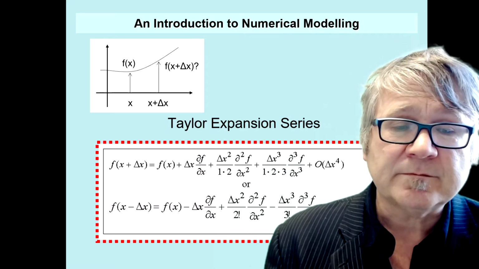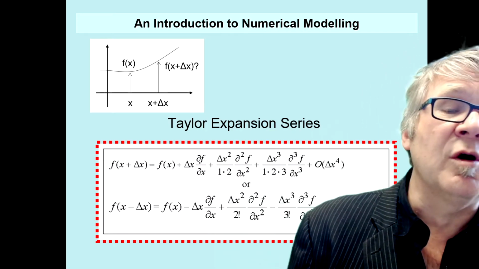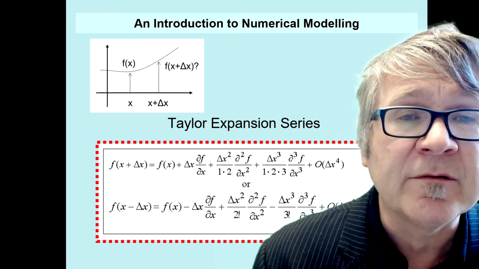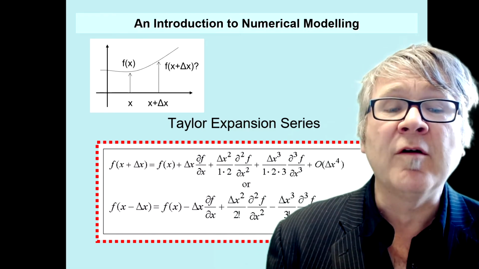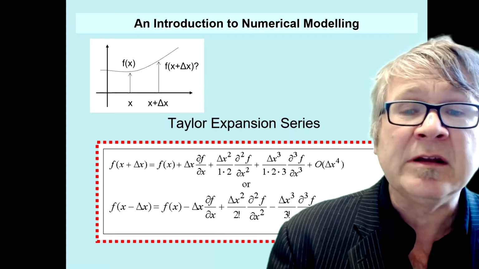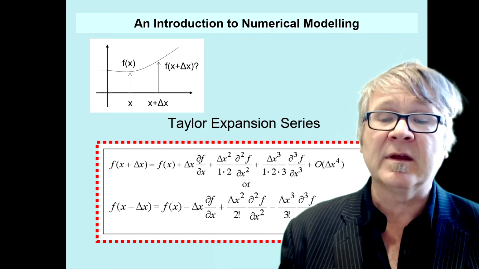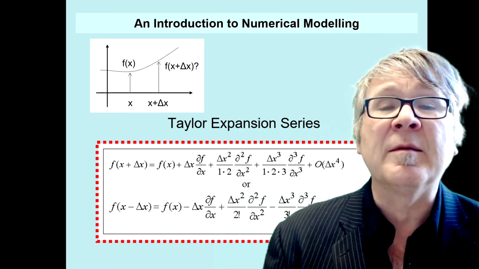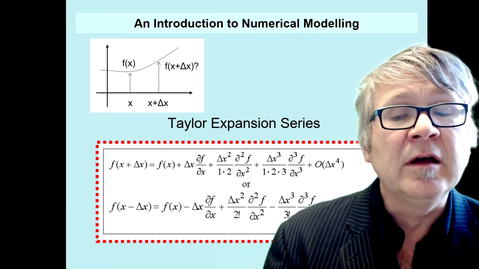Okay? And this symbol here, this O, means the next term would be of the order of delta x to the power of 4 plus, but it's an infinite number of terms that you need to get the correct answer.